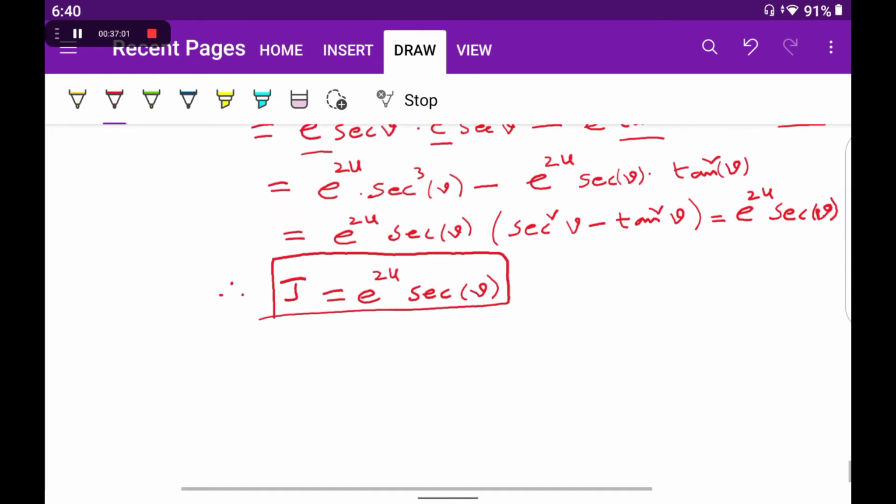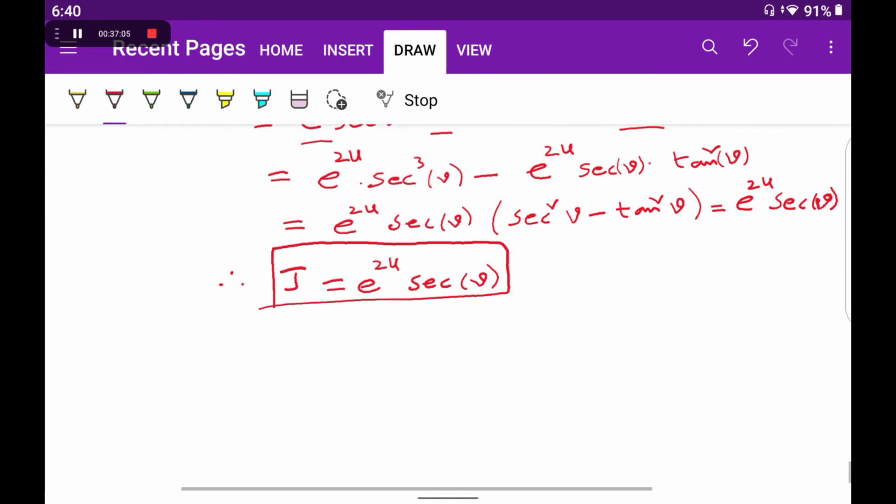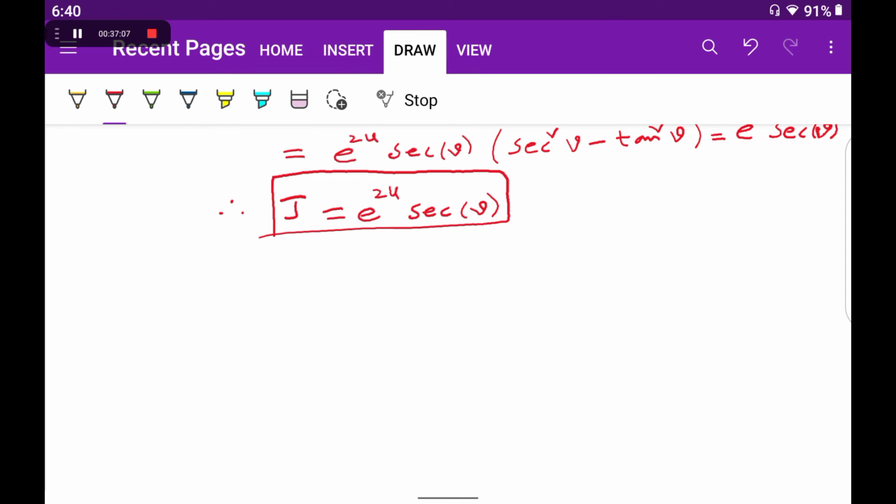Okay. Now we have to find J dash. To find J dash, we are given x equal to e power u secant v and y equal to e power u tan v.